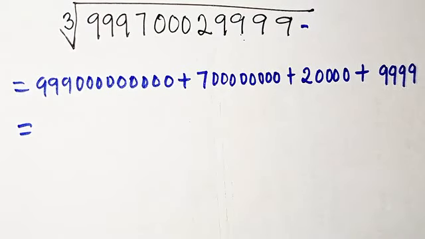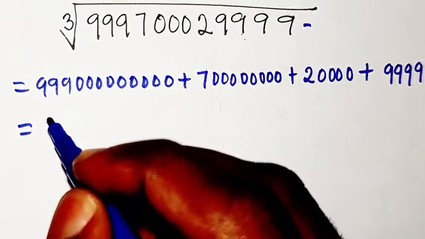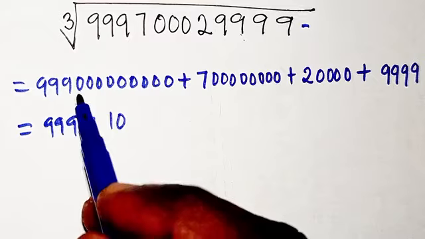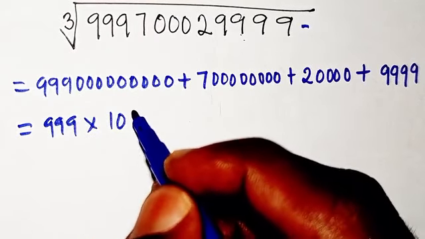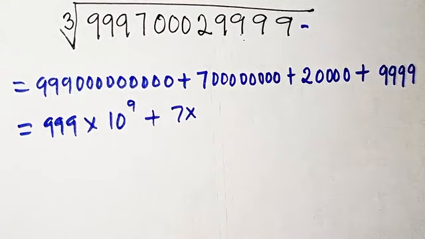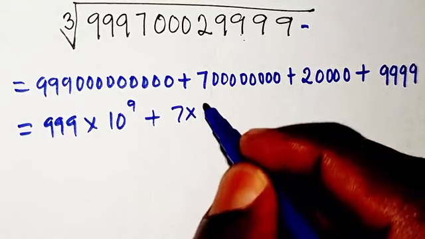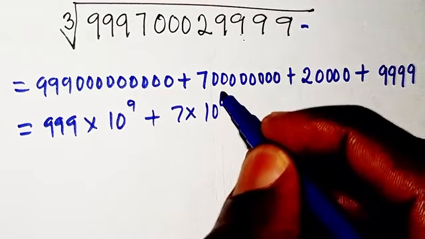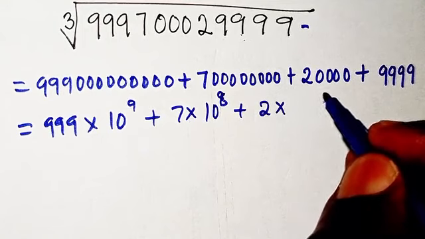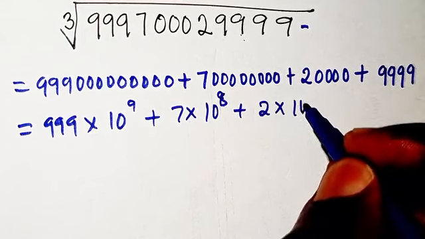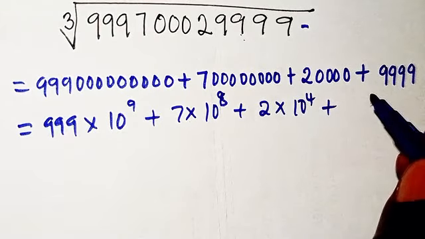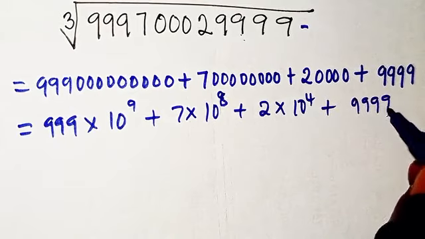So we have 999 multiplied by 10 to the power 9, you count the number of zeros, plus 7 times, if you count the number of zeros, we're going to have 8, so 10 to the power 8, right? Then plus 2 times here, if you count the number of zeros, we're going to have 10 to the power of 4, then plus here we can have it to be 9999.